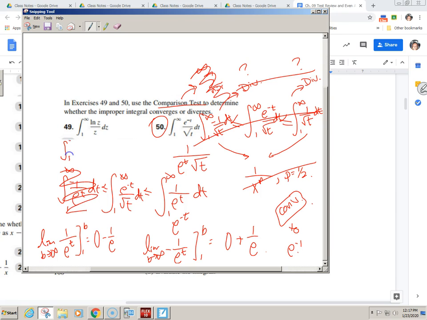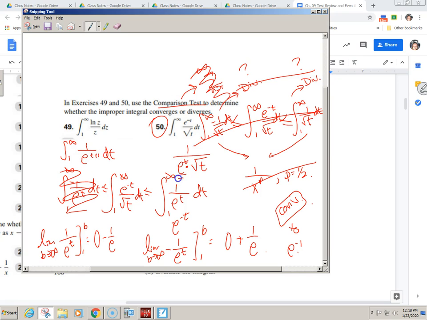What if I was to do 1 to infinity? Hold on, I'm just brainstorming. t minus 1. No, less than, no. Greater than means smaller denominator. Oh, plus 1. Here's what I'm looking at.